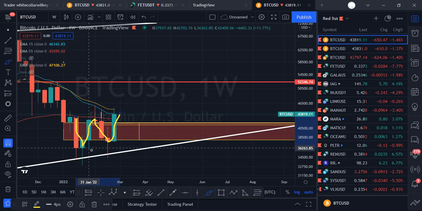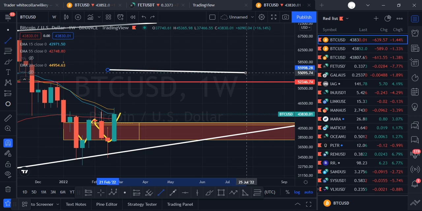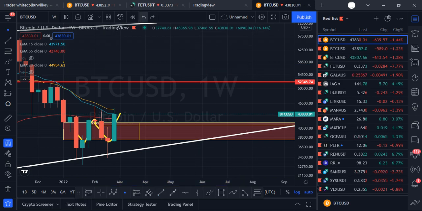W. Okay, so double bottom, the W bottom is a very, very good indicator. So what is general indication of the W double bottom is a reversal pattern.